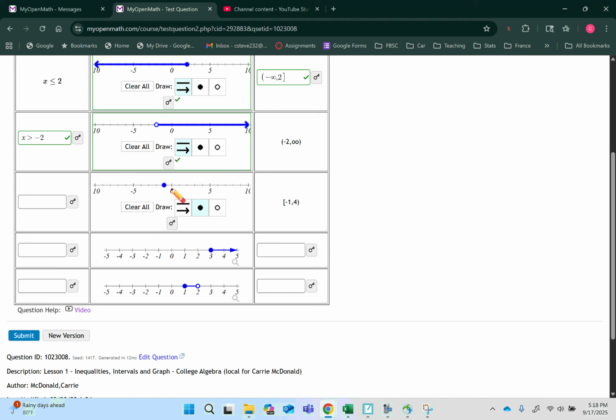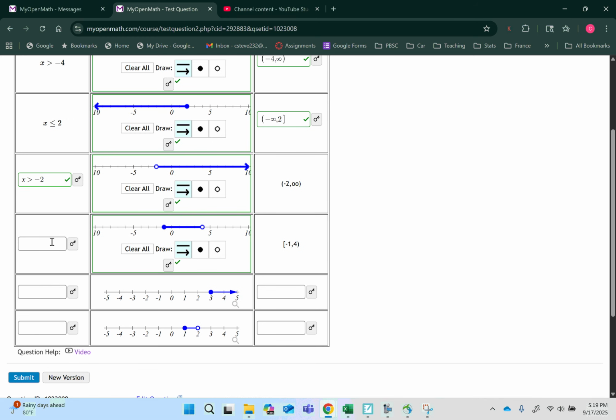So I'm going to use a closed dot on the left. Then we have the number 4 and a soft rounded parenthesis, which means we're going to continue until we reach 4, but we're not going to include 4. And then we'll just connect those two and submit.